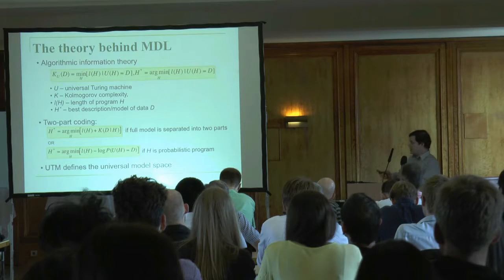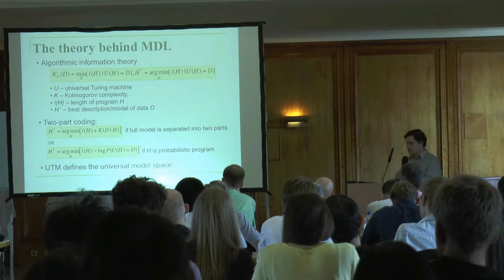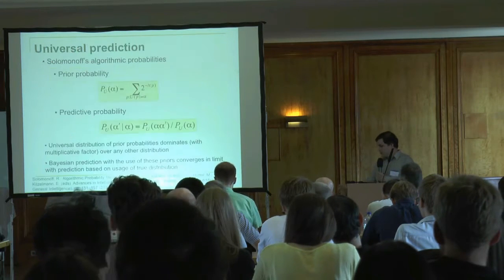Okay, so the main idea here is that the universal Turing machine defines the universal model space.